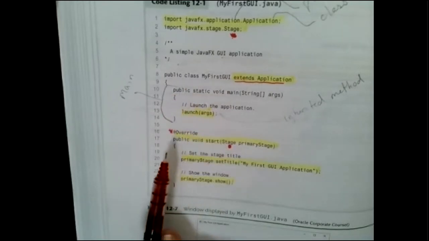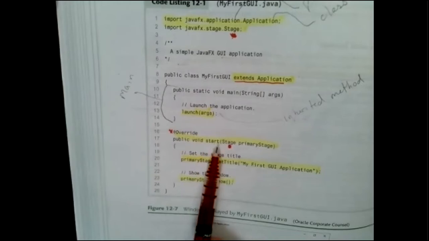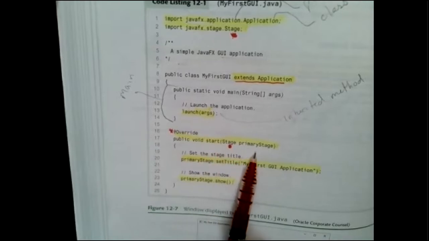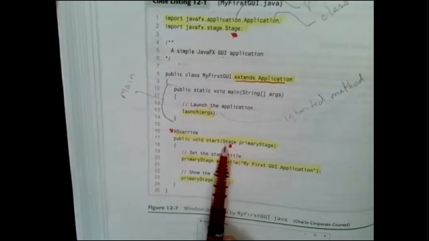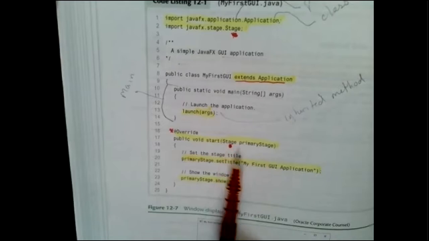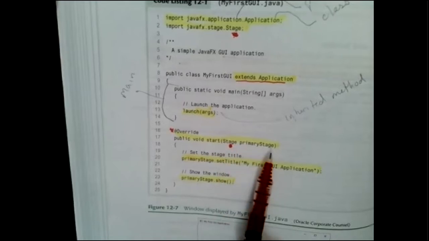We're going to come in and I'm going to see my start method. And everything we're going to do is inside of the start method. I have the start method and I am bringing in a data type Stage, and I'm going to call it primaryStage.